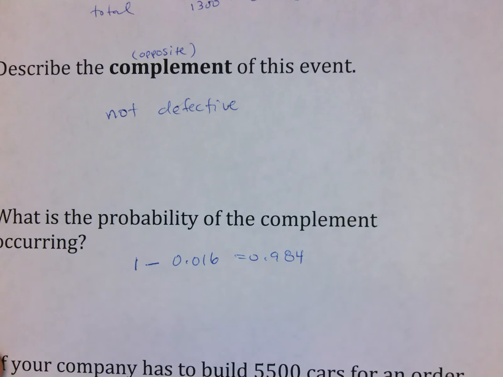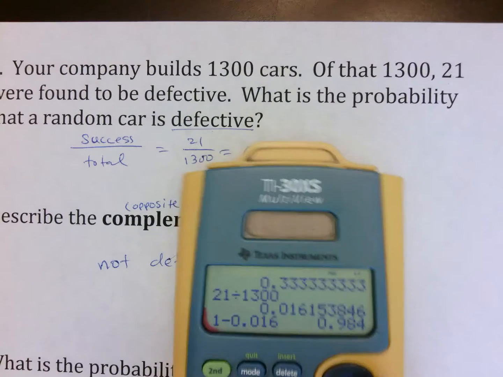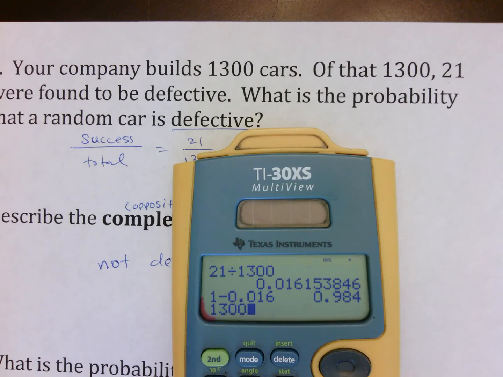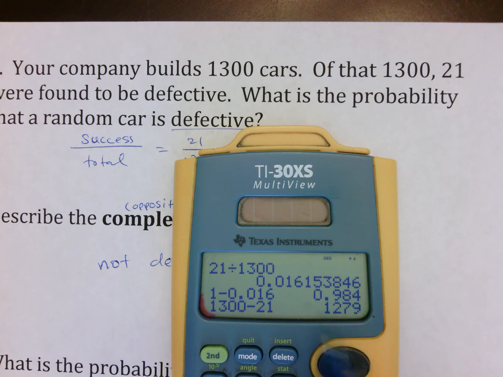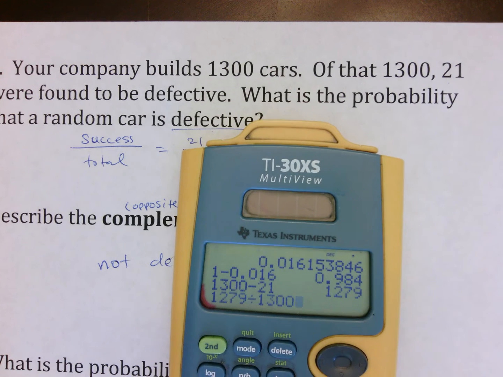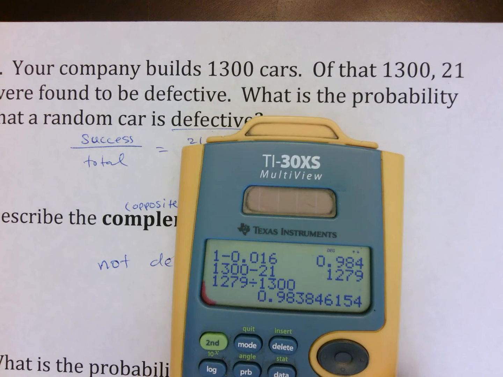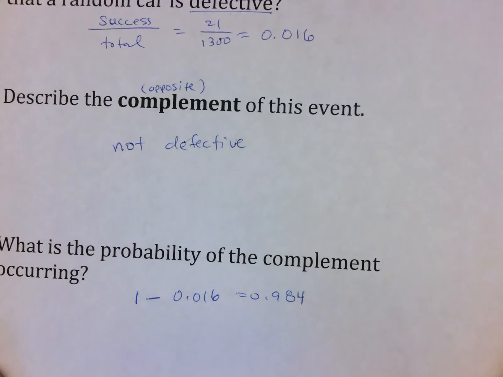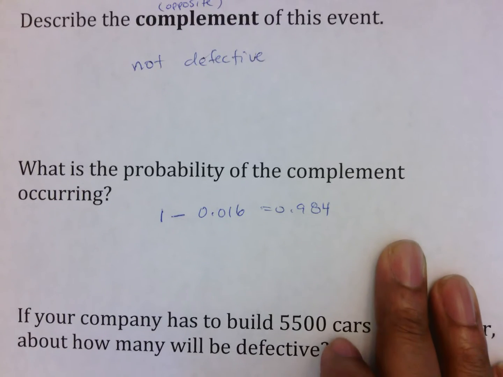You could also do the mathematical way of the complement and say if 21 out of 1,300 were defective, and subtract that, that means that 1,279 were not defective, and you could use that 1,279 over 1,300 to get, again, the same answer, 0.984, I believe is what it was. Yep, and if you round that, that's what you get. So again, the complement is what you're looking at there.